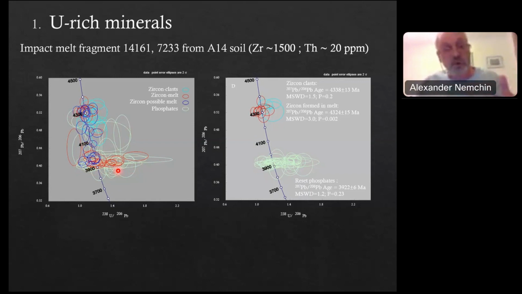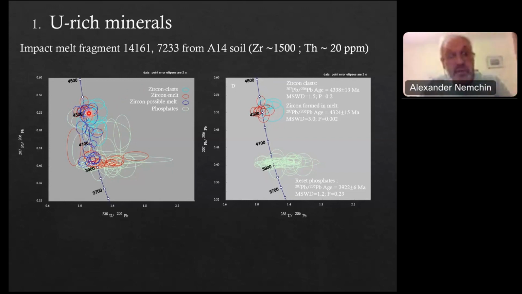And it makes sense. Zircon is more stable and more difficult to reset; phosphates are much easier to reset. So the interpretation we're trying to push forward is that the other zircons, apart from the zircon clasts that are inherited from the target, formed in the melt probably around 4.3 billion years ago, and most of the phosphates formed at the same time.